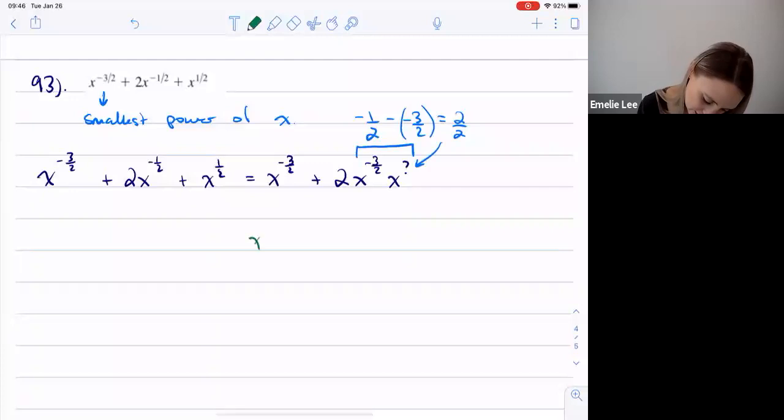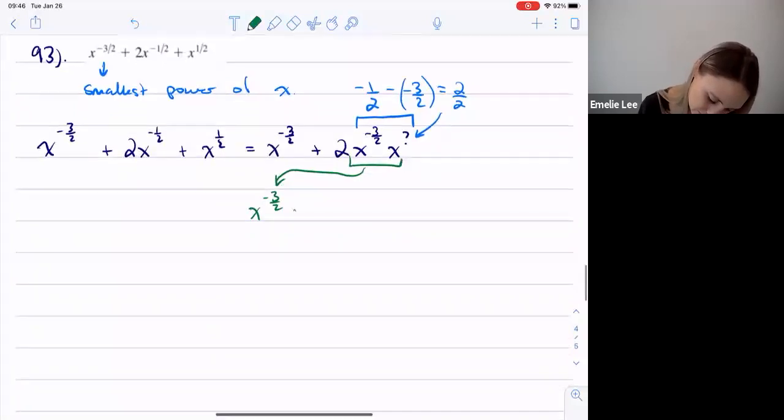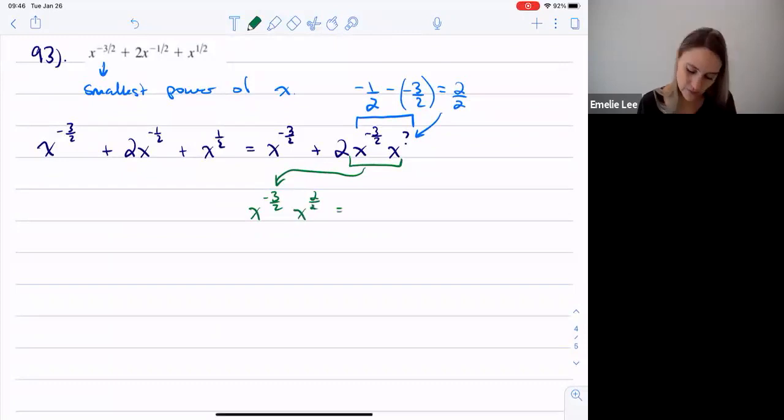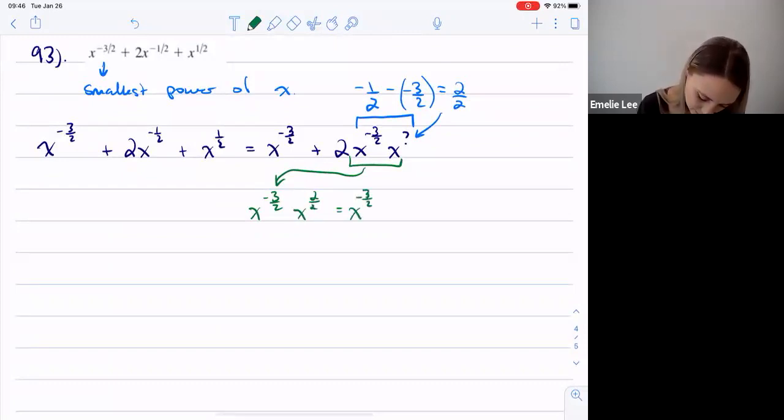If you have x to the -3/2 times x to the 2 over 2, that's going to be x to the negative 3 over 2 plus 2 over 2.